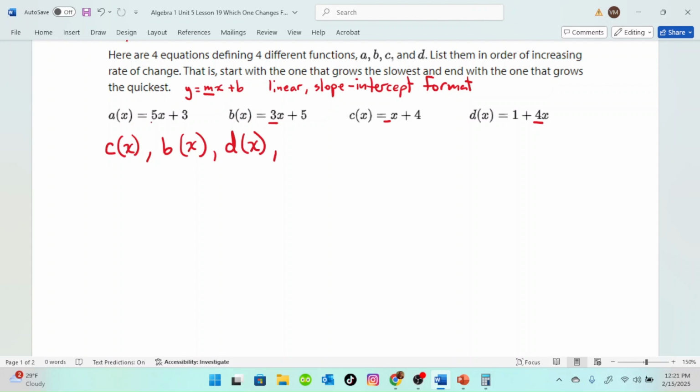And then lastly, a would grow the fastest because it has a slope of 5. So we'll say that m equals 1 on c, m equals 3 on b, m equals 4 on d, and m equals 5 on a.